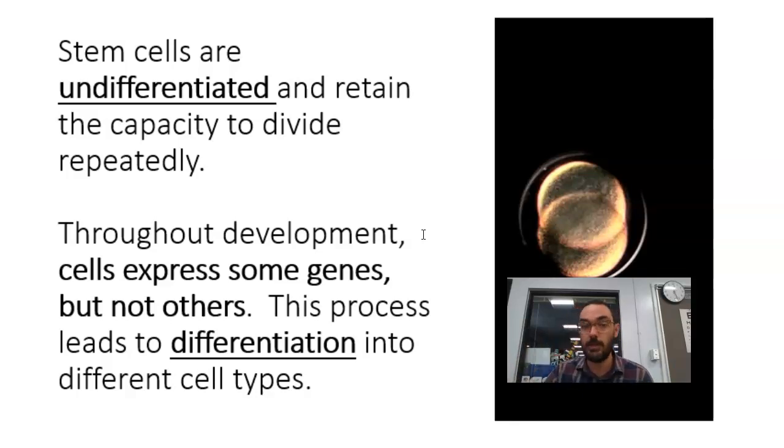And so they start to become more and more skin cell-like, whereas nerve cells will start to express genes which are important for nerve cells. And that's how, while they all have the same genes, your nerve cells and your skin cells and your hair cells all have the same genes, they're expressing some of them and not others, and that leads to differentiation.